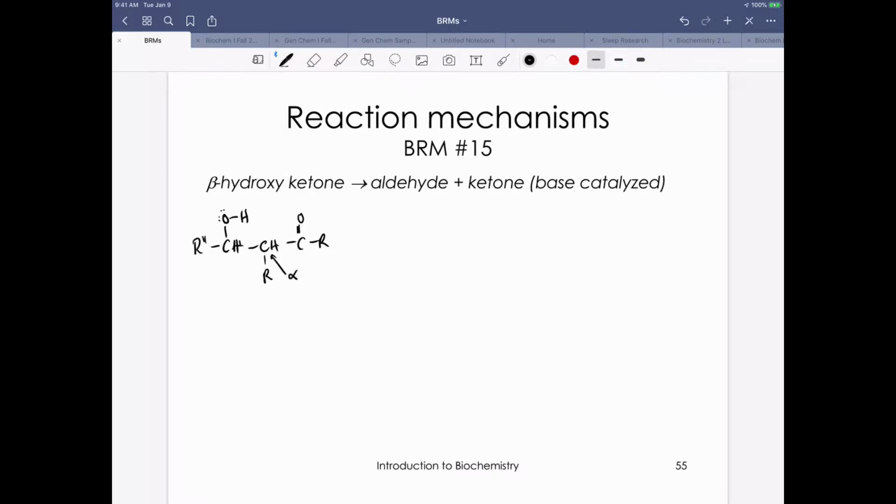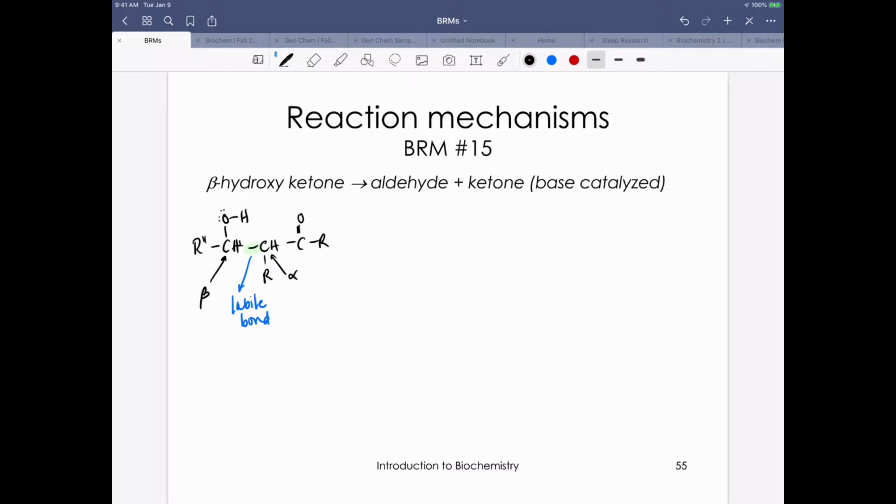This carbon is the alpha carbon because it is immediately adjacent to the carbonyl. This is the beta carbon. And so the bond that we're referring to as being labile is this bond right here. So again, this is going to be our labile bond, our bond that's easily broken.